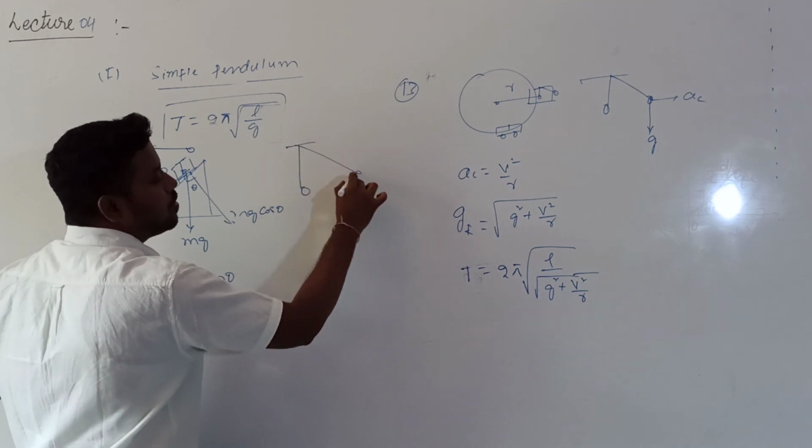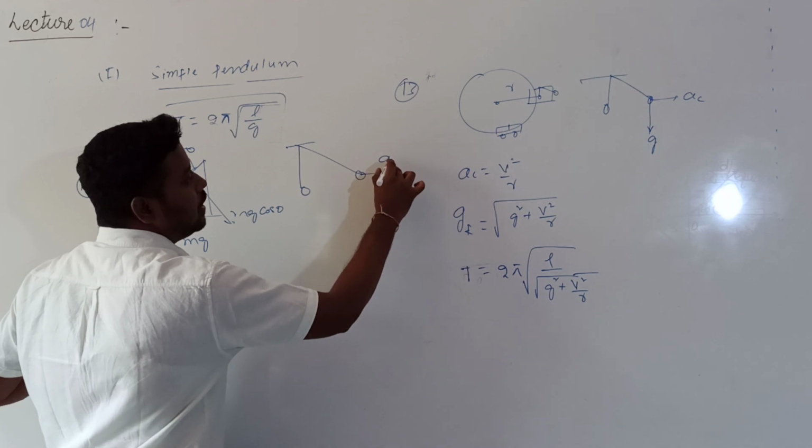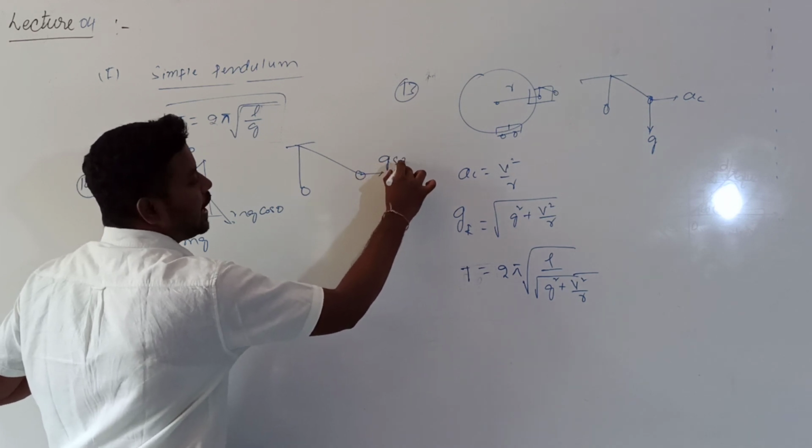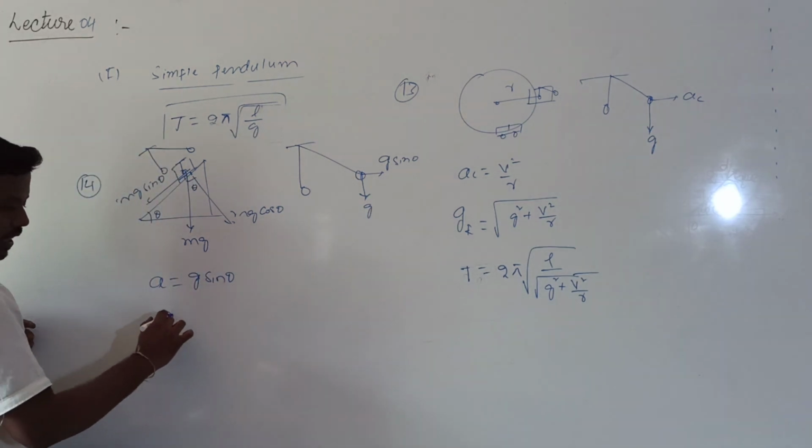Now what happens on this pendulum? The acceleration due to the inclined plane is a = g sin θ, and the acceleration due to gravity is g. What is the resultant acceleration?